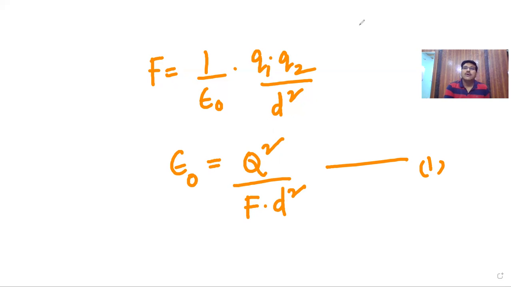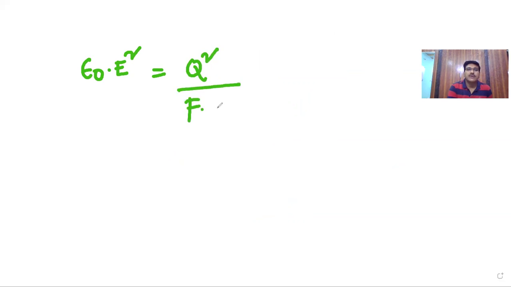Now observe, we require the dimension formula of epsilon into E square. Since 1/(4π) is a number, we have omitted it. So observe, I am substituting. Epsilon is Q square divided by F into d square, into E square. What is the definition of electrical field from the fundamentals?